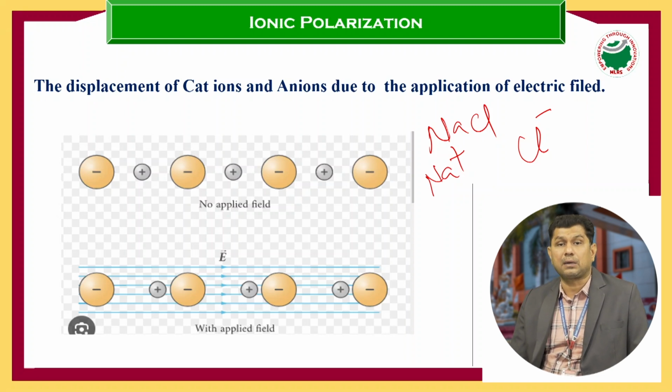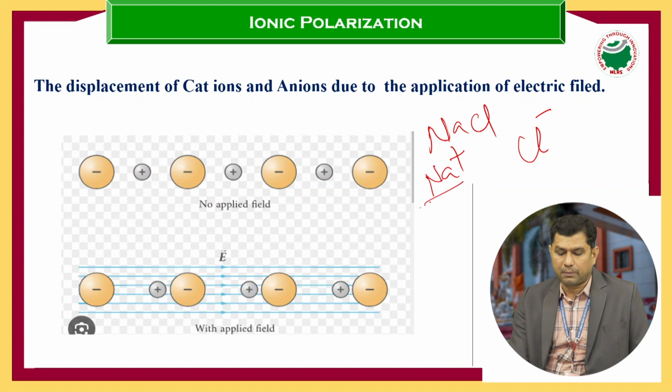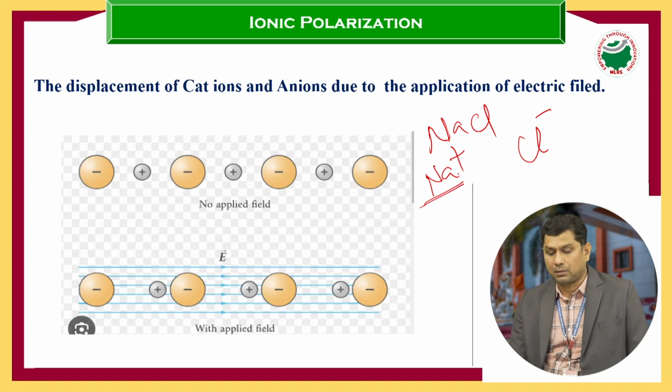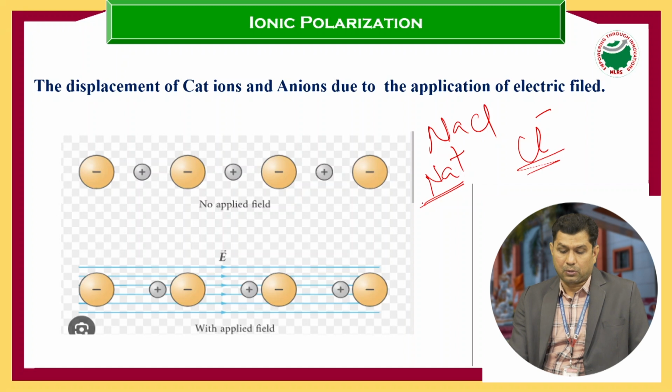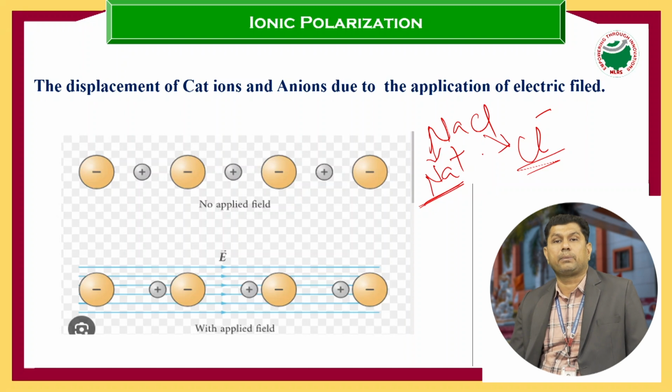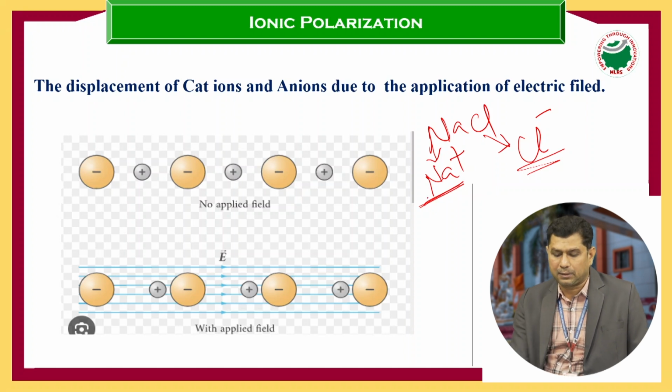It requires 1 electron. So sodium donates 1 electron, chlorine accepts the electron. By donating, sodium becomes sodium ion. By accepting the electron, chlorine becomes chlorine ion. Like this, NaCl crystal is there.